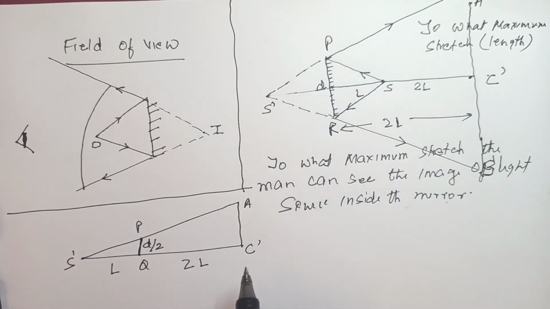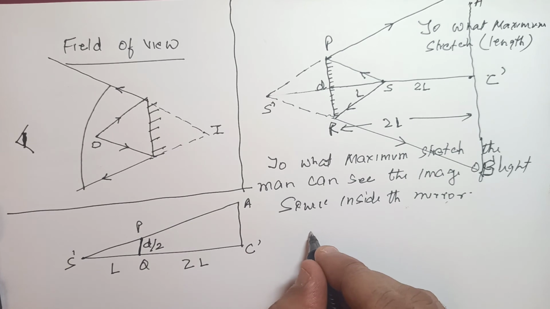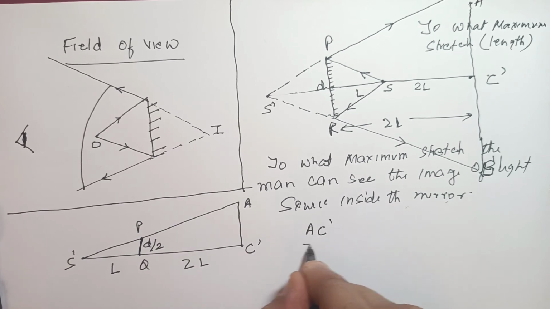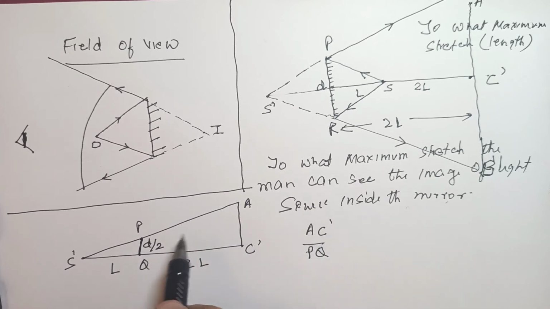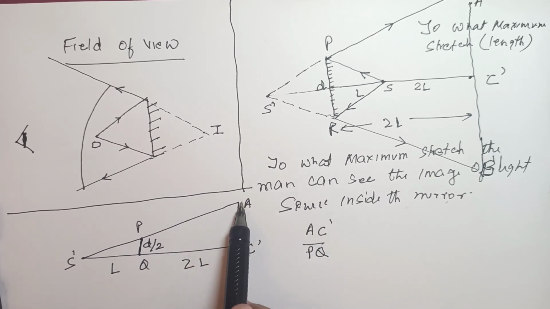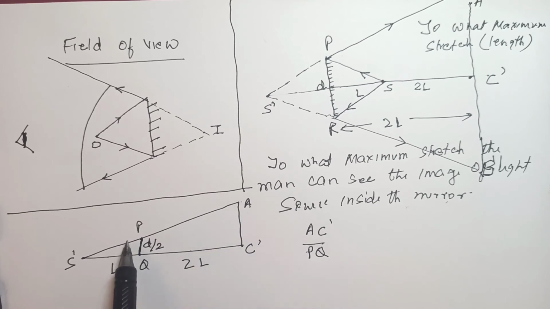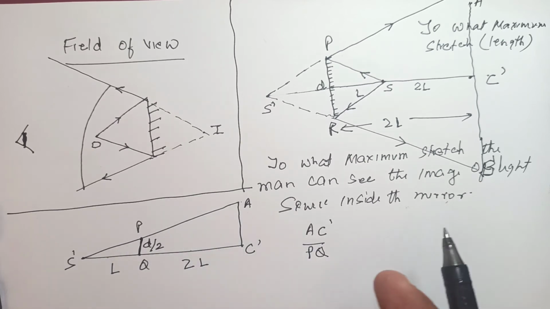So in this triangle, this triangle and this triangle are similar triangles. In similar triangles, the ratio of the corresponding sides is equal.